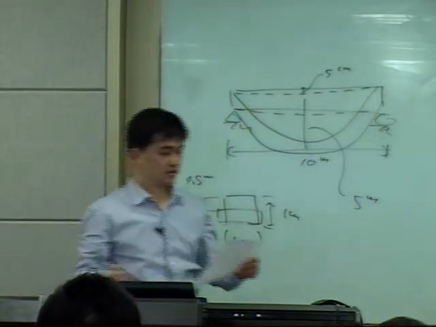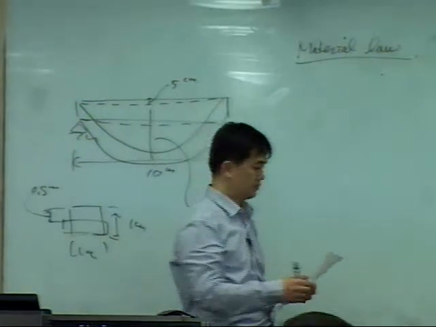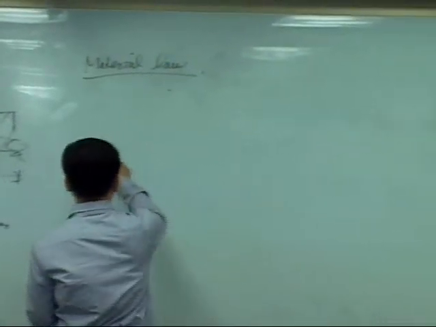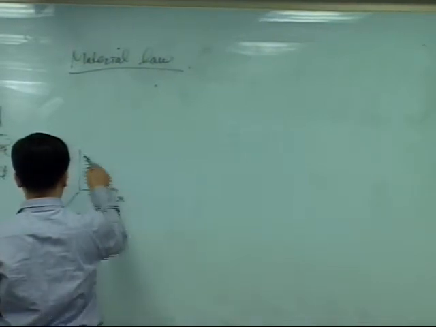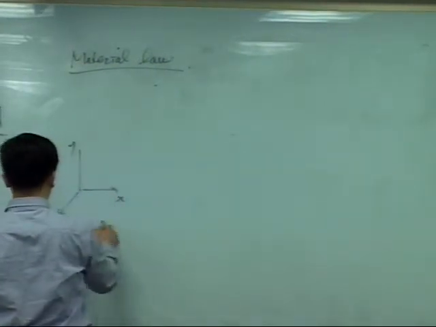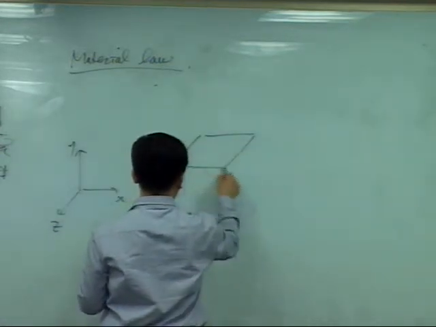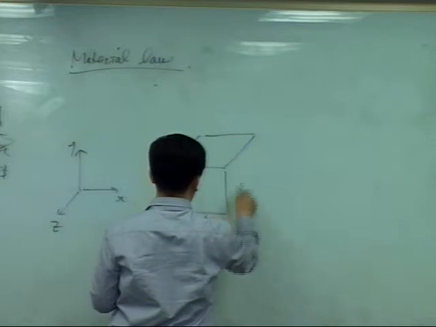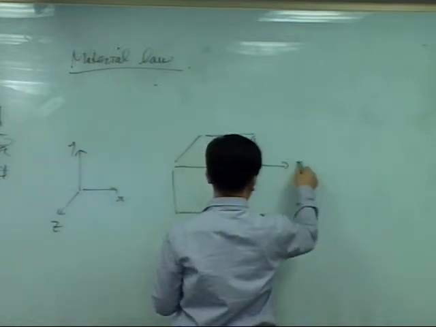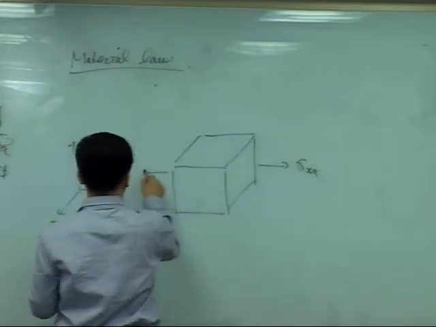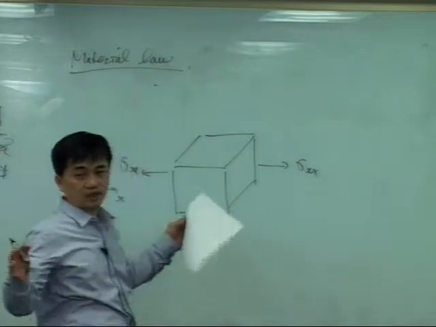Okay, do you remember the 1D tension problem, the bar problem? Let me talk about that first, with X, Y, and Z. In this coordinate system, we have a cube like that, and I'm going to apply stress sigma XX on both sides.